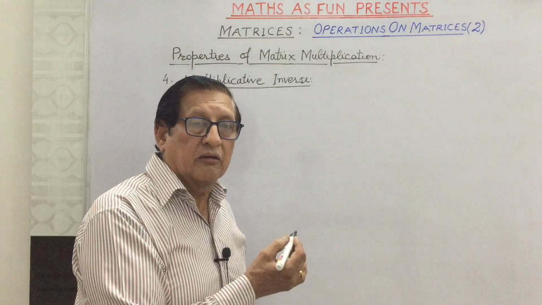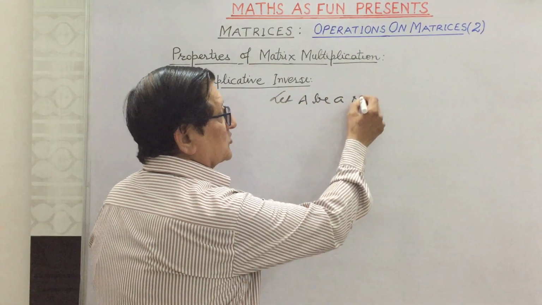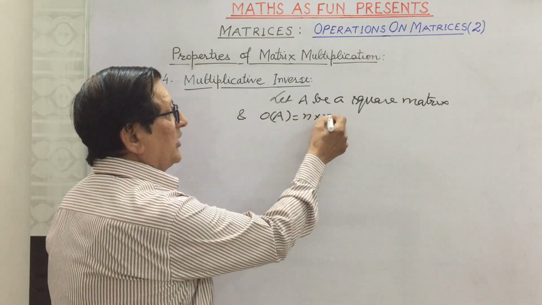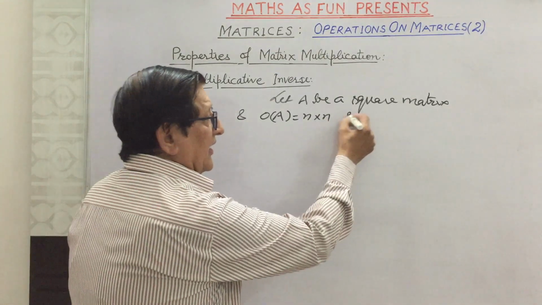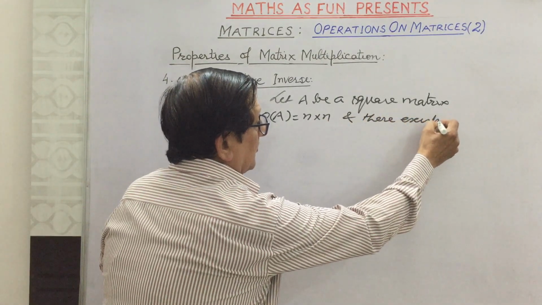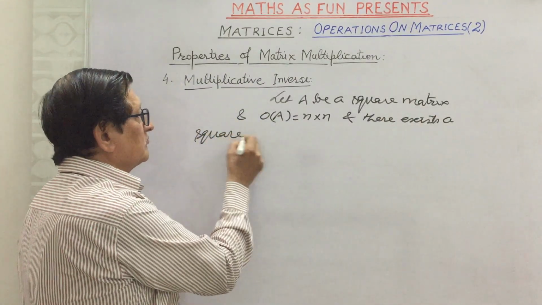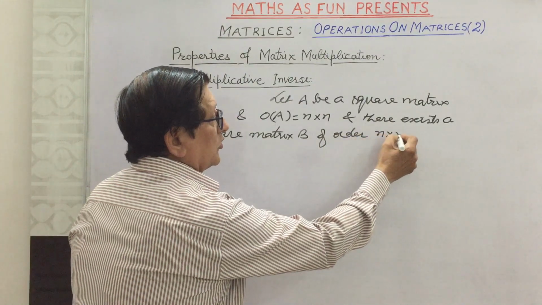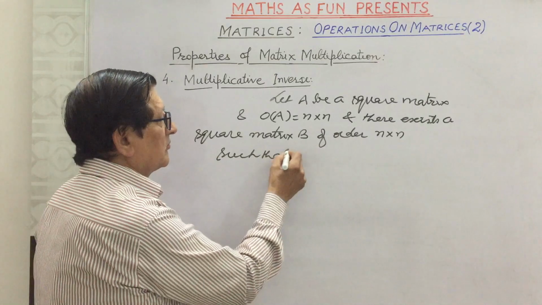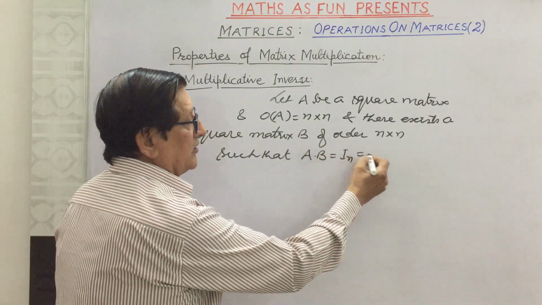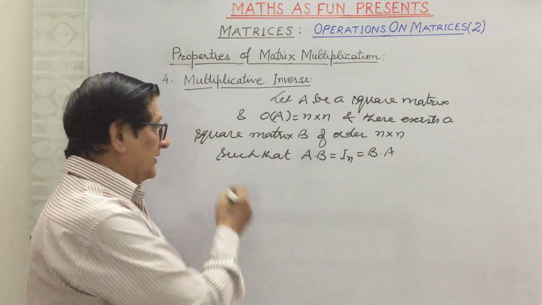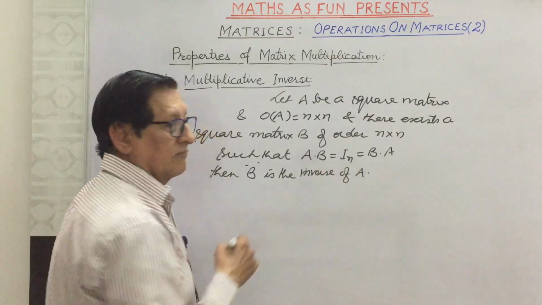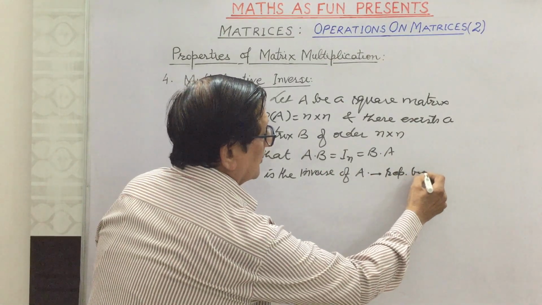In case we have a matrix A, let A be a square matrix and the order of A is, suppose, n into n, and there exists a square matrix B of order n into n such that A into B is equal to In is equal to B into A. Then we say B is the inverse of A. It is represented by A inverse.